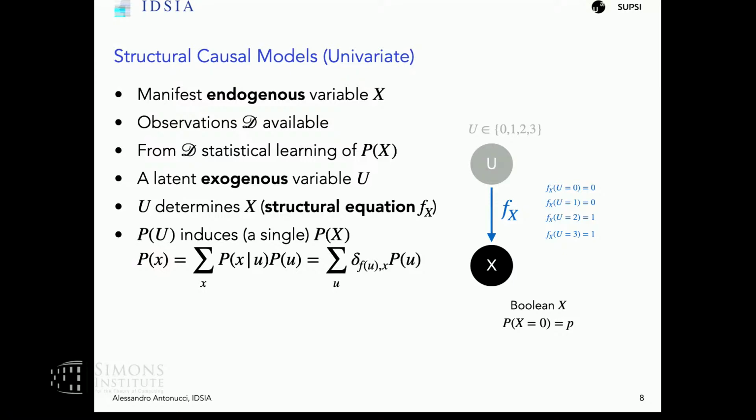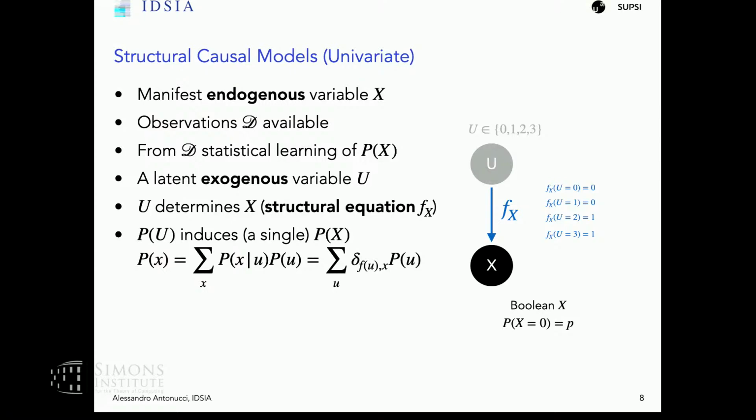But if we assume that X is produced by a latent variable, this probability should coincide with this probability. If we have a distribution over U, we can compute the corresponding distribution over X. But in practice, we have the distribution over X, and we have to go back, invert the relation, and compute the distribution over U, because it's what we eventually need to compute the causal queries.